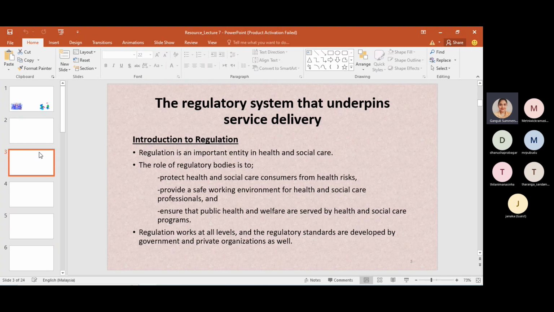Okay, so in any field, not only in the health and social care sector, we have rules and we have standards, right? Let's keep the health and social care sector aside for a while. If you take another field like food manufacturing, there are some standards, like SLS standards and good manufacturing practices.